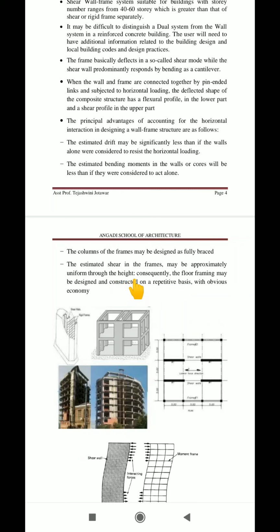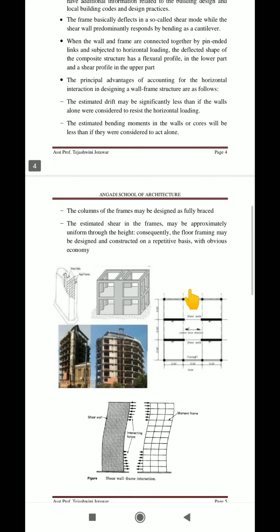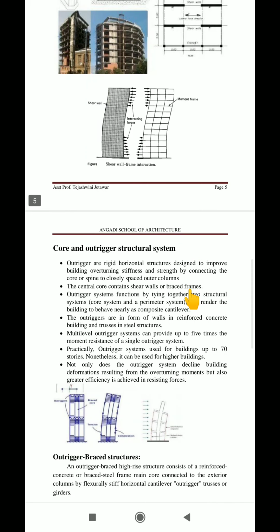By making the shear uniform throughout the height, the floor framing may be designed and constructed on a repetitive basis, in the sense that the same type of design can be followed for multiple floors. Because of this, the cost of construction will get reduced quite a bit.